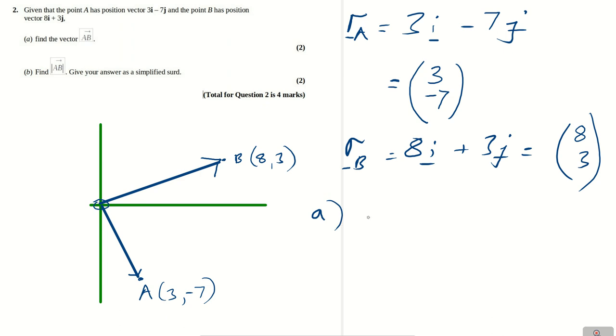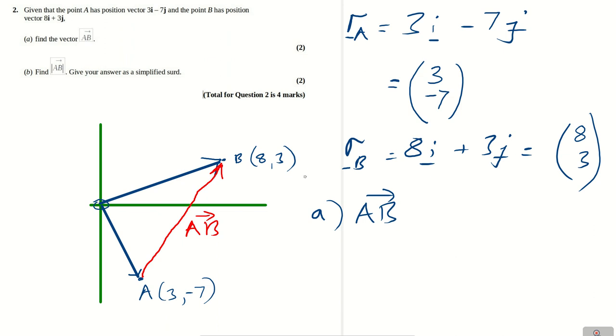Now part A wants us to find the vector AB. So in other words, the vector that starts at A and goes to B. So what it's asking for is this vector here from A to B. Very simple to find this.